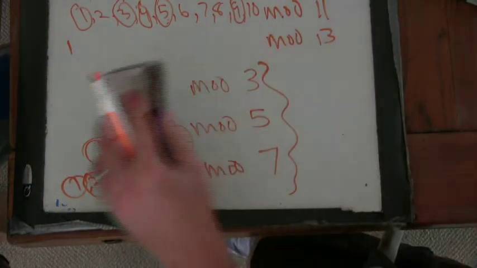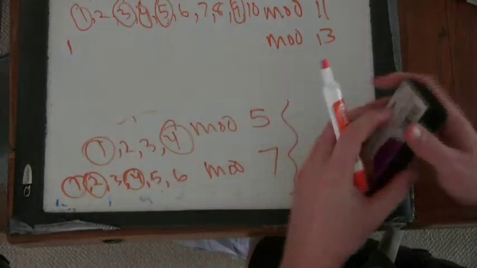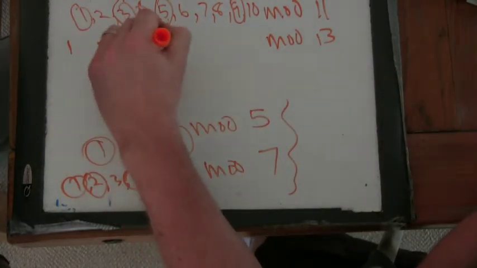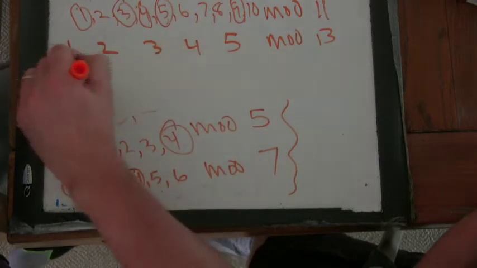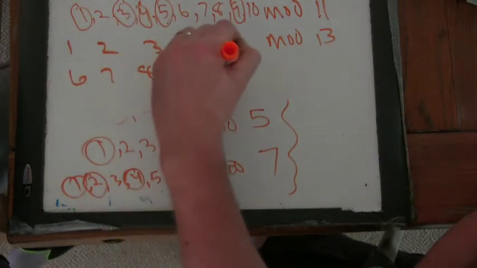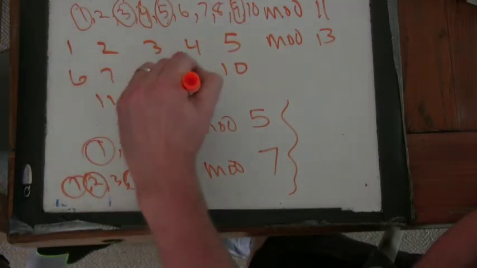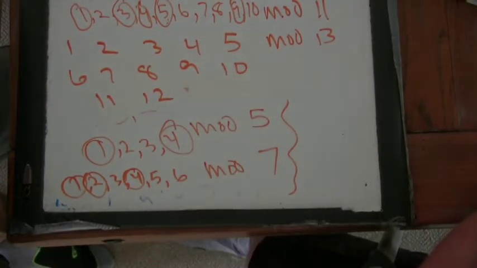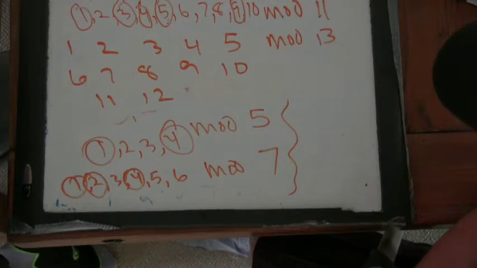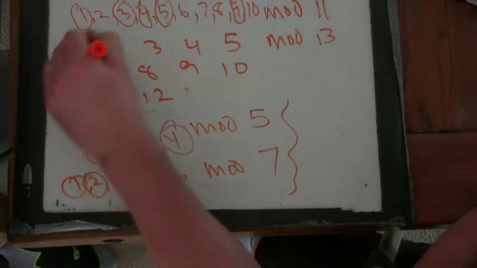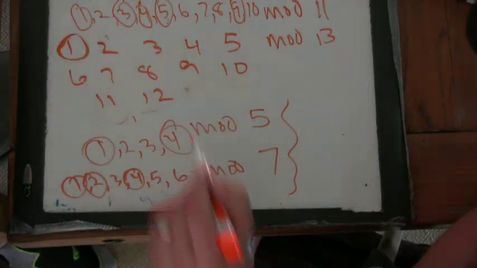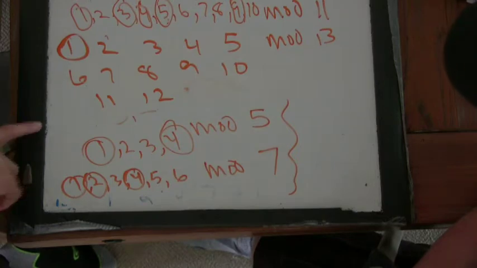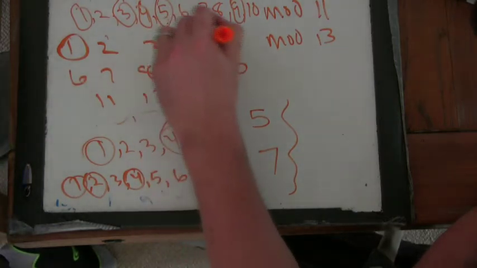Maybe I'll do it in 2 columns. 1, 2, 3, 4, 5, 6, 7, 8, 9, 10, 11, 12, 13. I don't need 13. What are my squares? So you'd have 1, 1, 4.